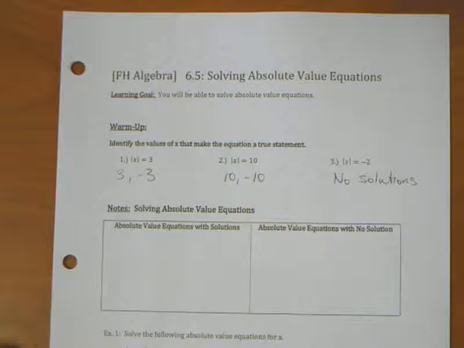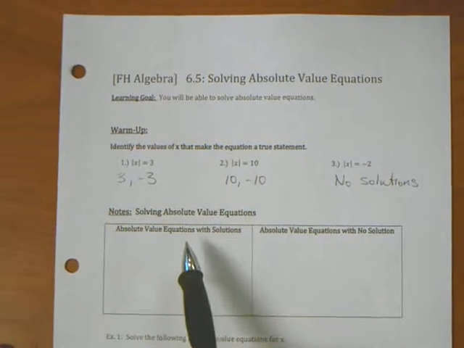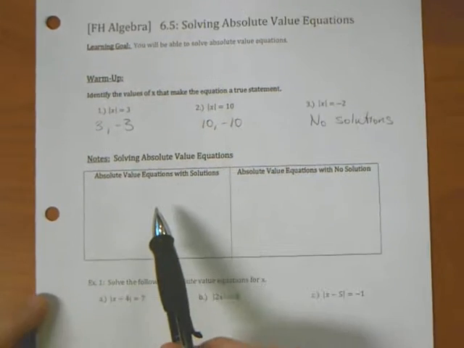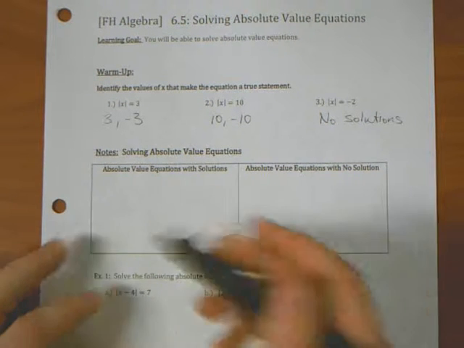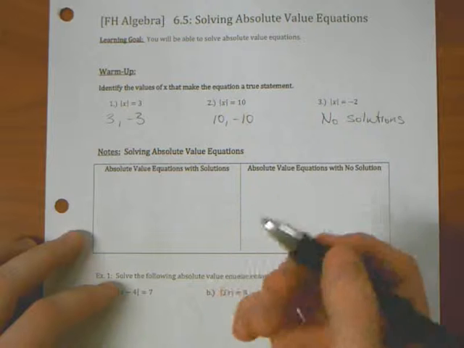Okay? So, Sean was exactly right. When you have an absolute value equation, it has a solution when, I'm just going to write this down. It's going to be kind of lengthy, but it's all important.